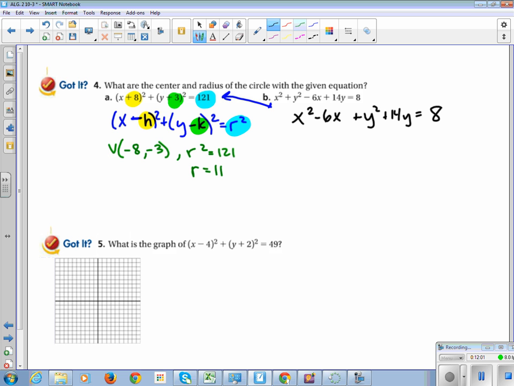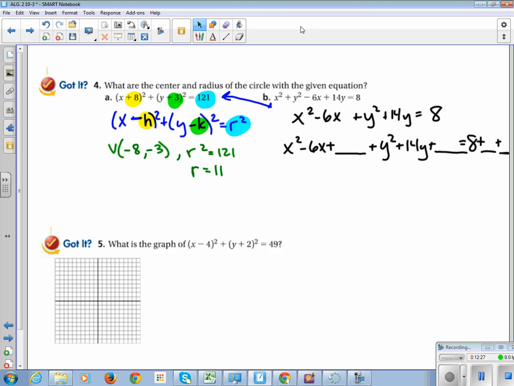And then we are going to make room for when I complete the square. Here's where I complete the square for the x's. Here's where I complete the square for the y's. And then I have to add it to the others. If I'm adding a number to one side of the equation, I have to add it to the other side as well.